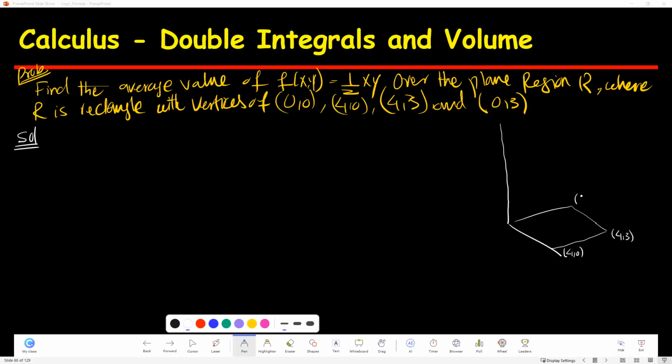This is (0, 3). And this is (0, 0). Okay, that is my area, and this is my region, R.